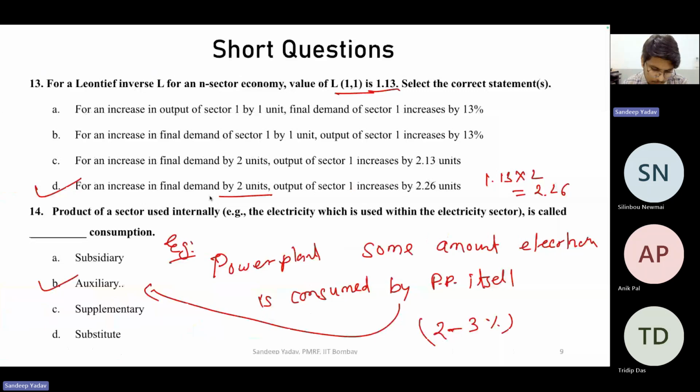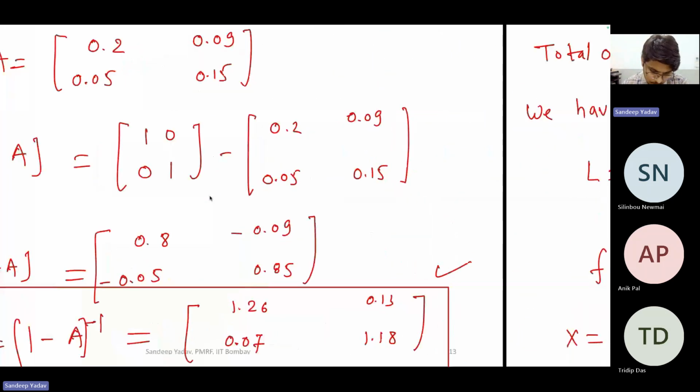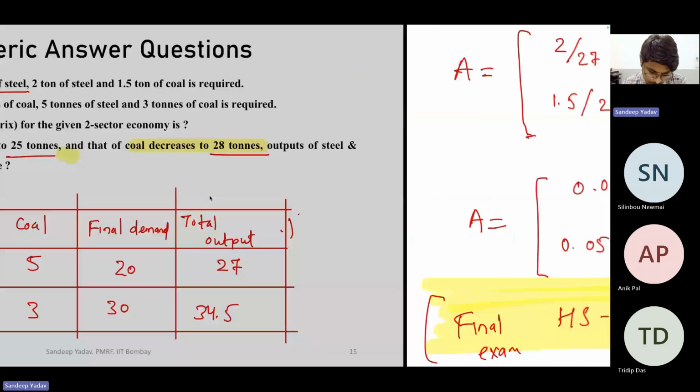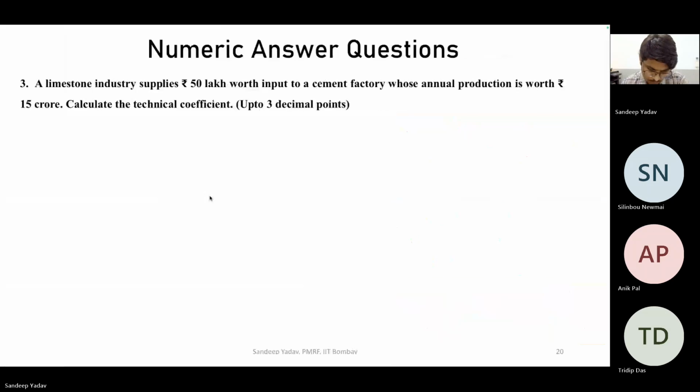This was question number 1, this was 2, this was 3, and now this would be question number 4.